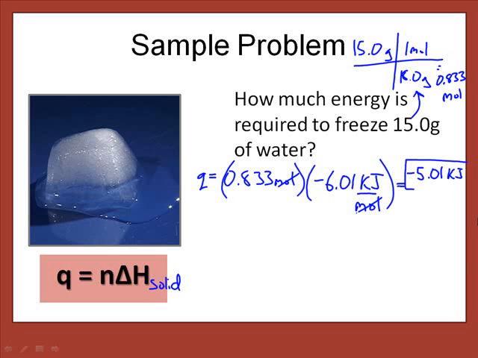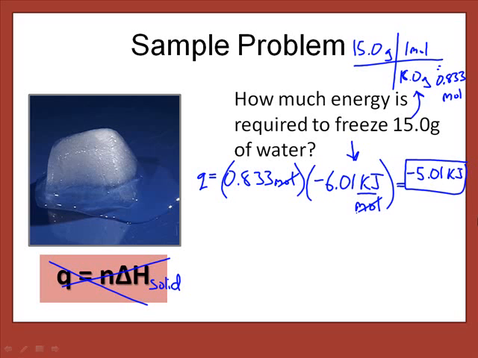All right? For those of you factor labelers out there, I would challenge you not to use this. Because look at our wonderful value here for the delta H of solidification. It is a conversion factor just waiting to be used. For every 1 mole, it's a 6.01 kilojoule loss of energy.